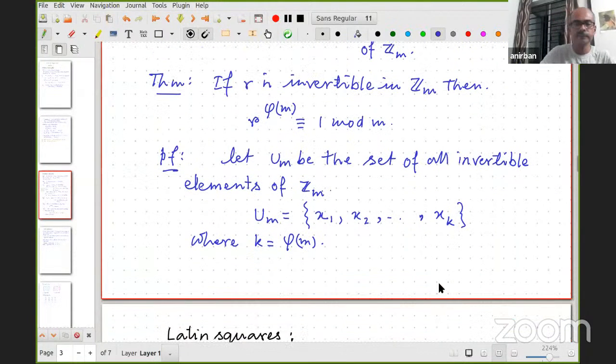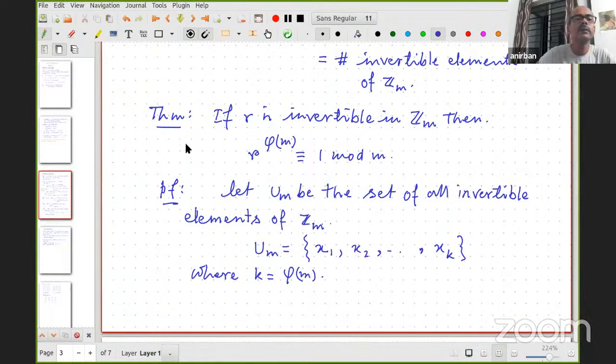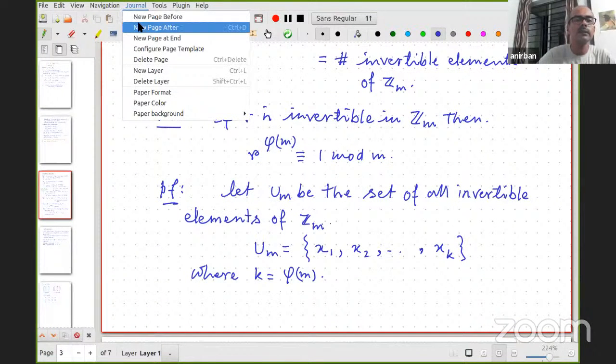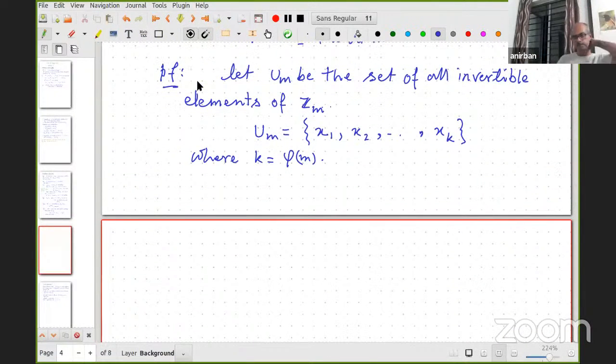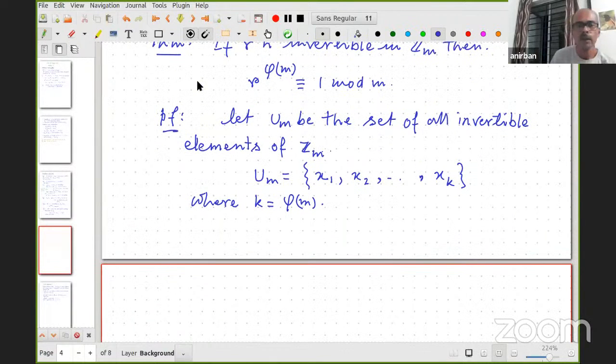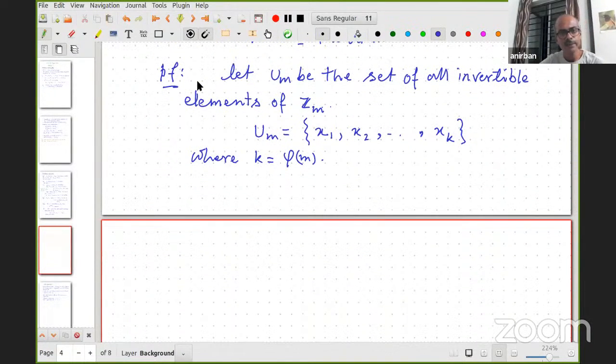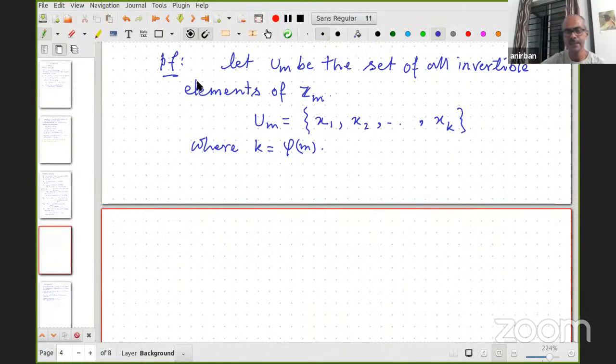So Um is the set of all invertible elements, and we have written the set as a list of elements x1 to xk, and k is phi of m because that's the number of invertible elements. For each xi, xi is in this set.